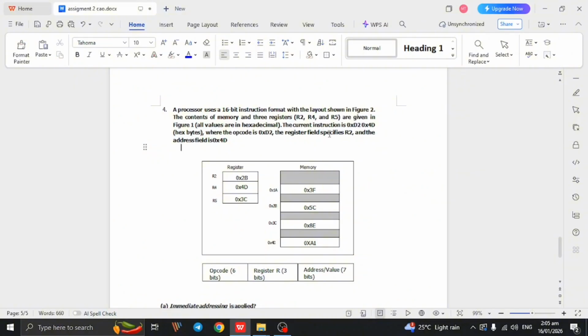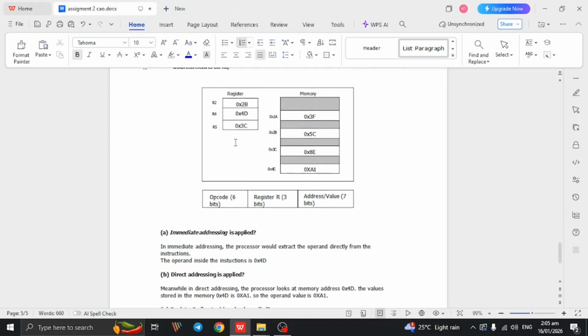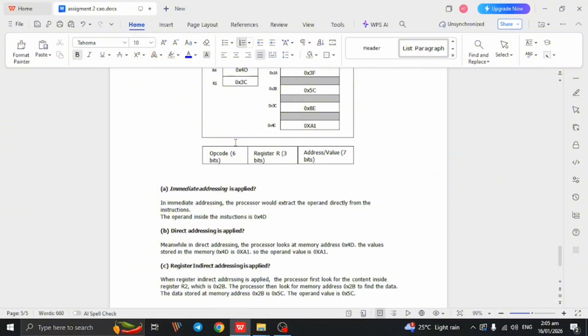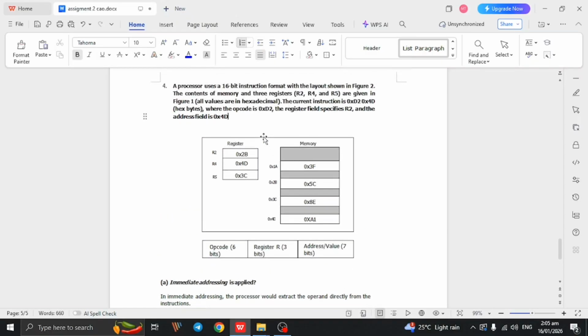The register field specifies R2, and the address field is 0x4D. So the first question is immediate addressing. What would be the operand value if immediate addressing is applied?